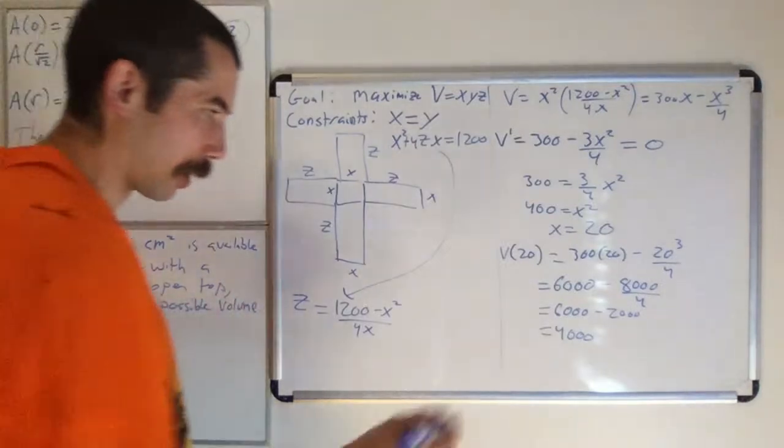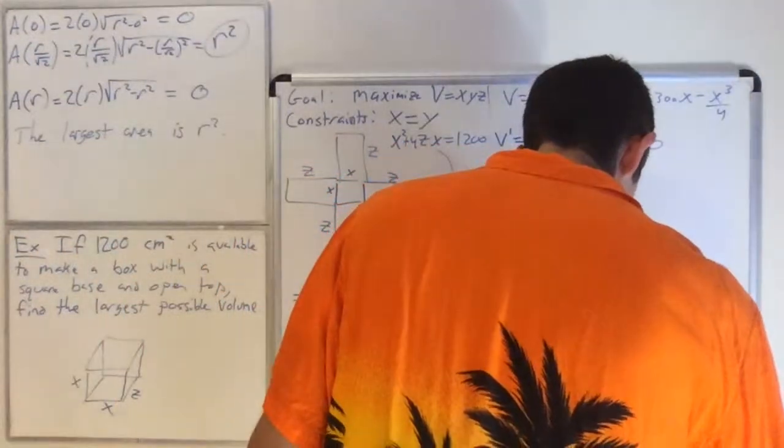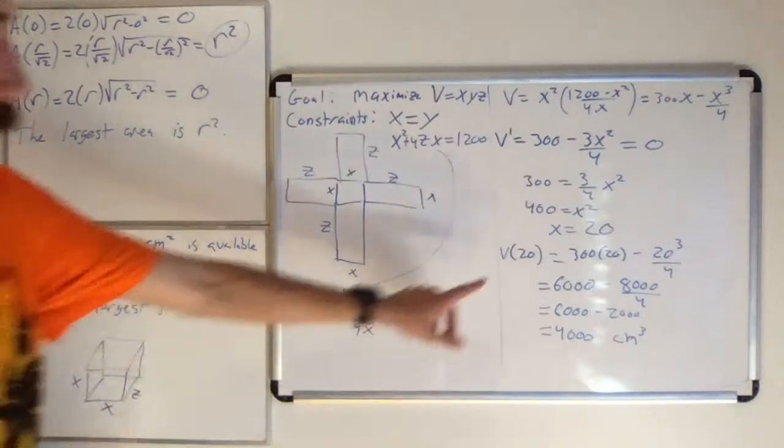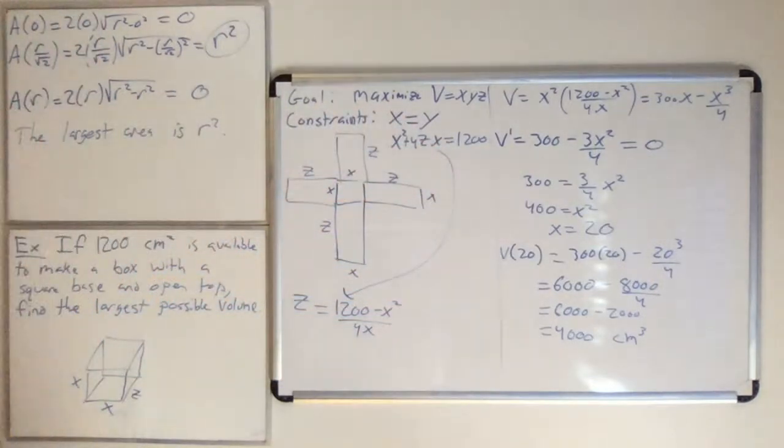And when we work it out, we get 4,000. And our units would be cubic centimeters, right? A volume would have degree 3 for its units.